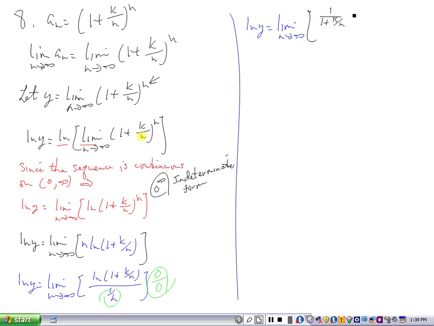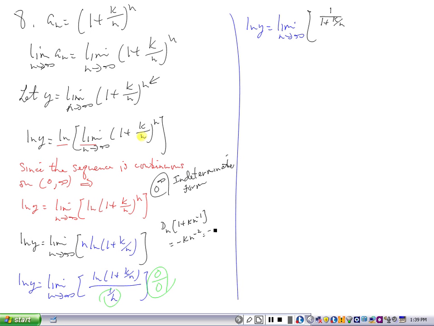The derivative of 1 plus k over n: the derivative of 1 is 0, and the derivative of k times n to the negative 1 is negative k times n to the negative 2.